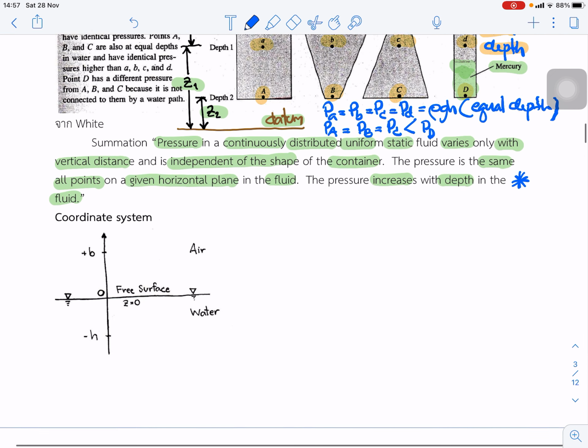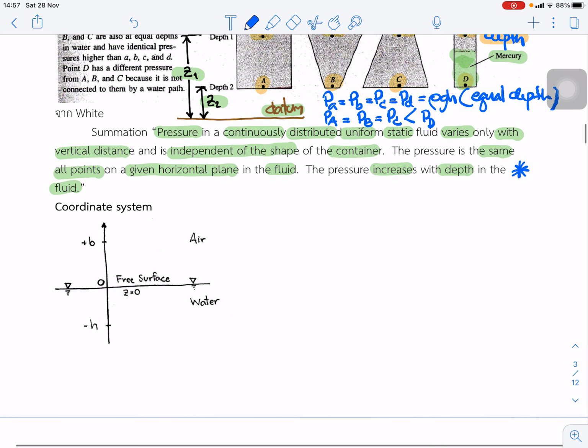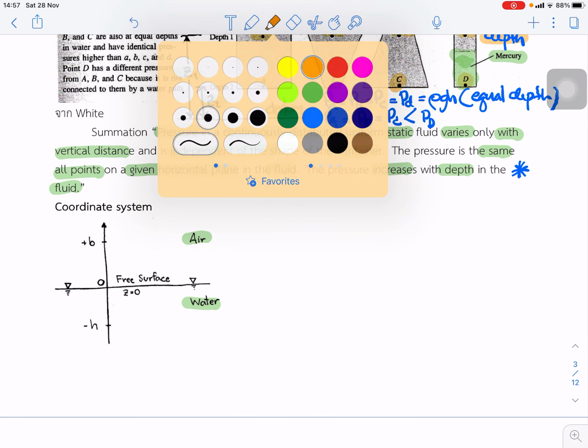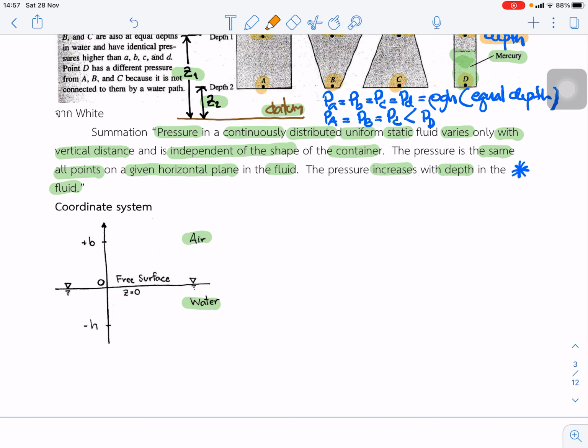And this shows the coordinate system for air and water. Normally, for air, we say that upward vertical is positive, so P is equal to P at this point B minus gamma of air times height.